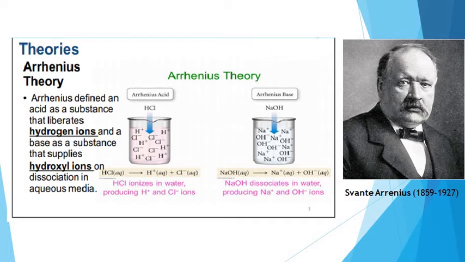The theory of Arrhenius, the theory of electrolytic dissociation: Arrhenius defined an acid as a substance that liberates hydrogen ions, and a base as a substance that supplies hydroxyl ions on dissociation in aqueous media.